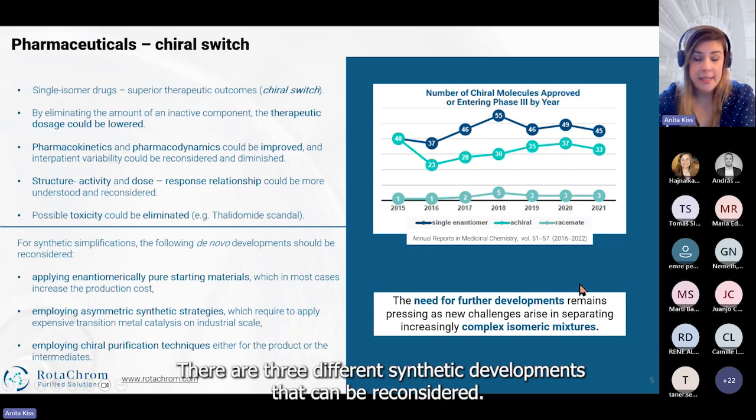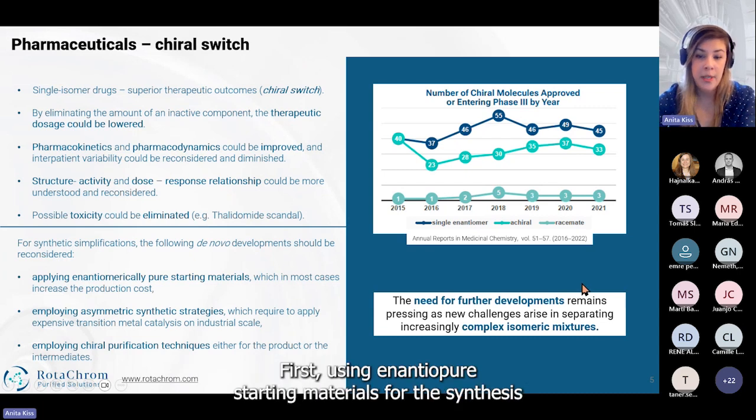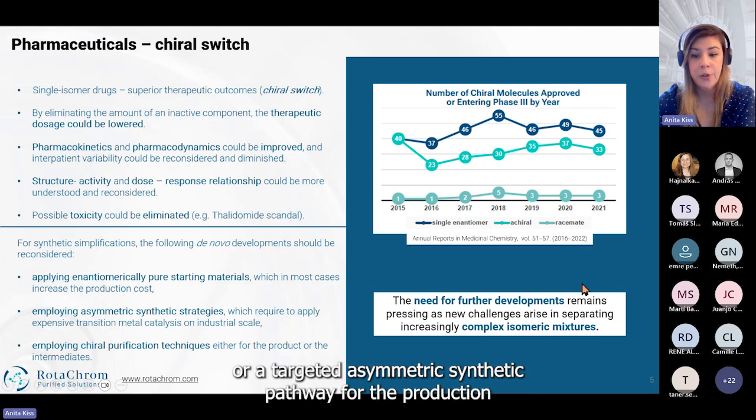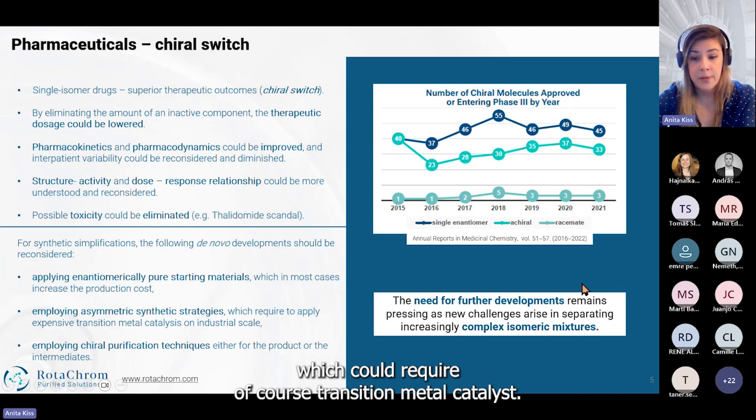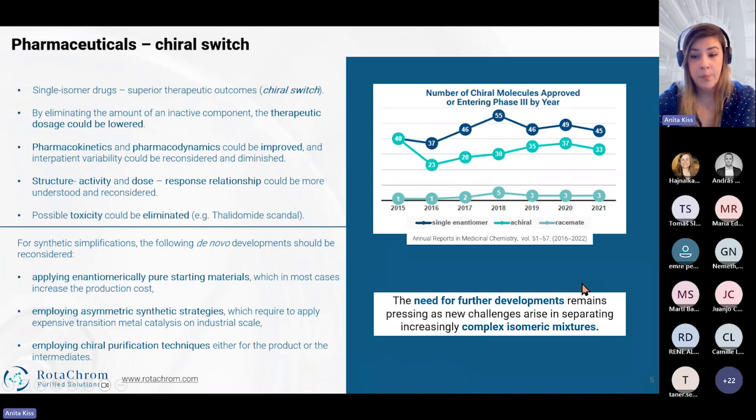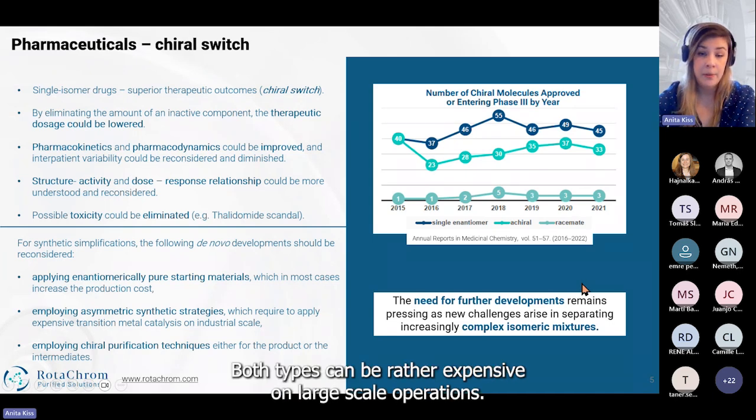There are 3 different synthetic developments that can be reconsidered. First, using enantiomer starting materials for the synthesis, or a targeted asymmetric synthetic pathway for the production, which could require, of course, a transition metal catalyst. Both types can be rather expensive in large-scale operations.